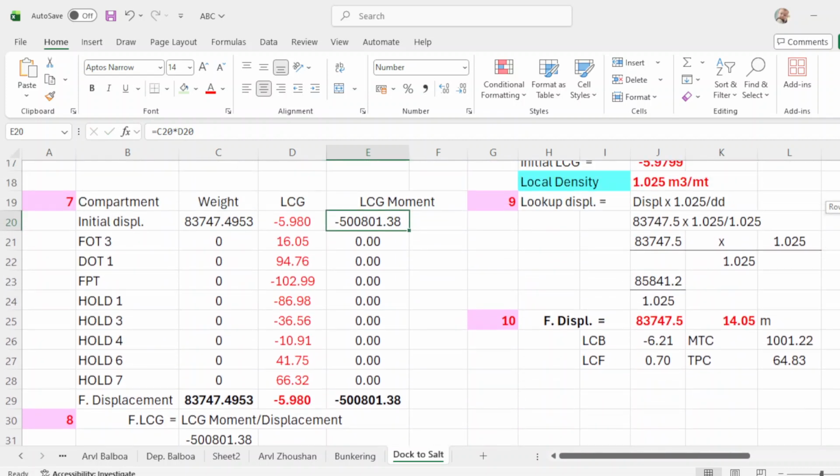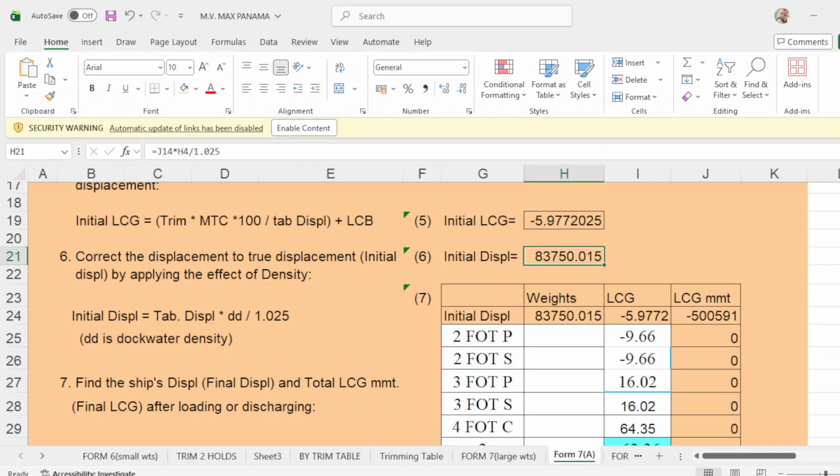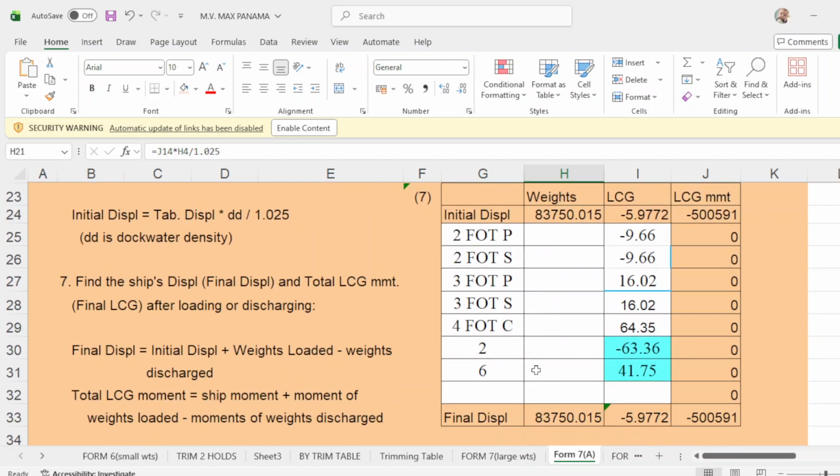And finally, this will also be your final displacement of 83747.4953. And your LCG moment is the same. And your final LCG is negative 5.98. In the program, you have nothing to place here, discharge or load, and your final displacement is the same with this one, 83750. Okay, and your final LCG is negative 5977.